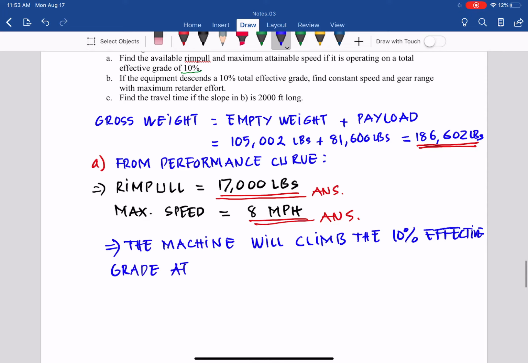At a speed of 8 miles per hour in 4th gear.